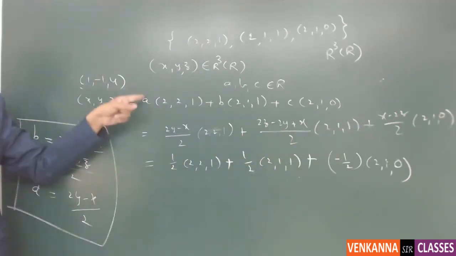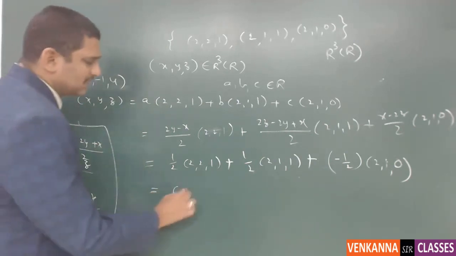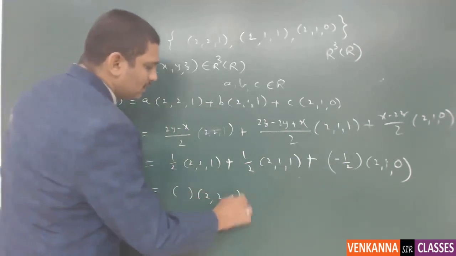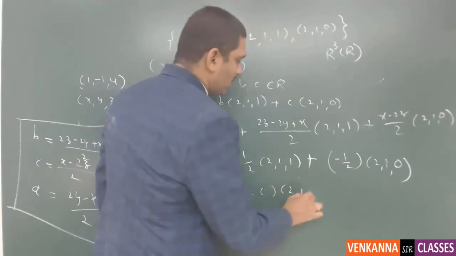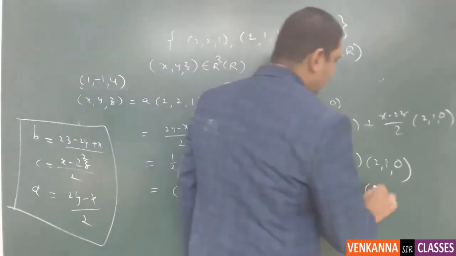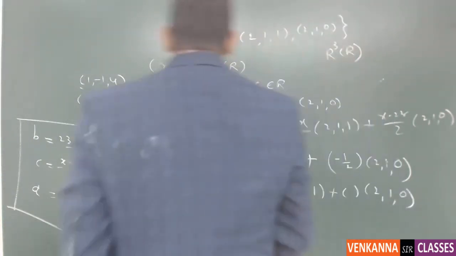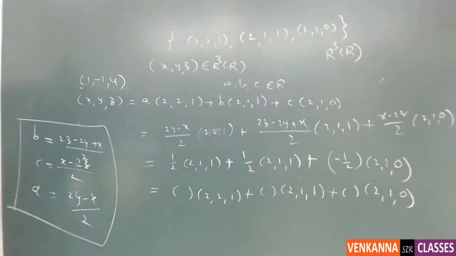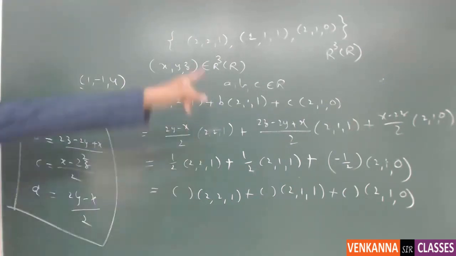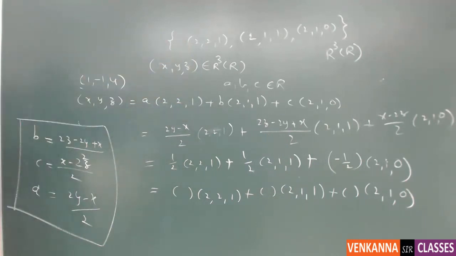So (1, minus 1, 4) can be represented as some number into (2, 1, 1) plus some number into (2, 1, 1) plus some number into (2, 1, 0). So you have found a linear combination for that vector. It is possible for every vector. So the given set is a spanning set for R cube, because whatever the vector you consider, you are able to write it as a linear combination using exactly these three vectors. Okay?